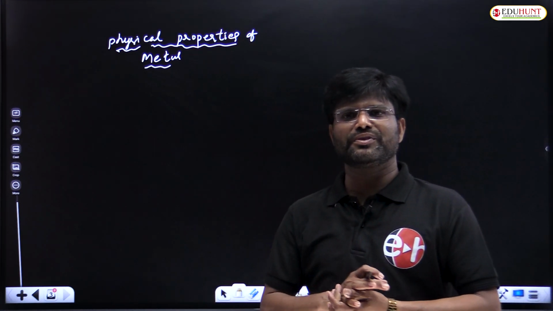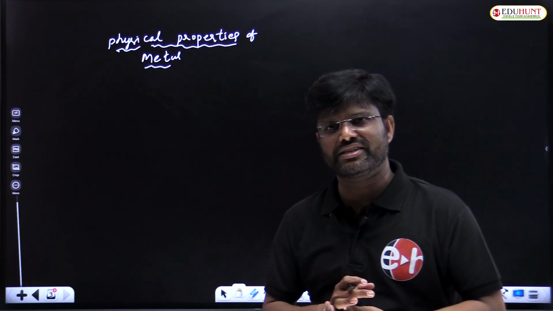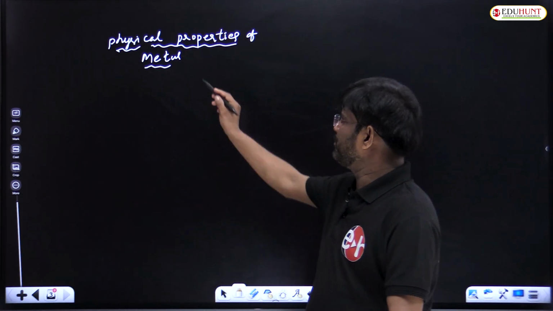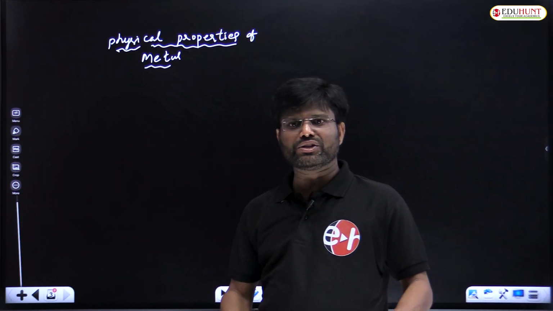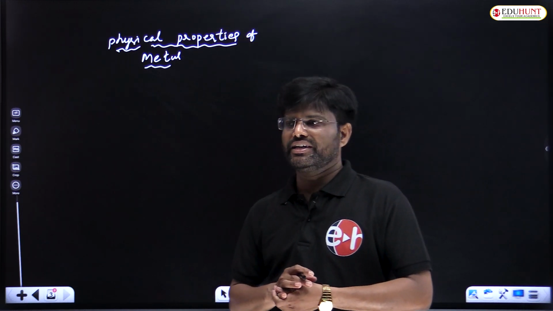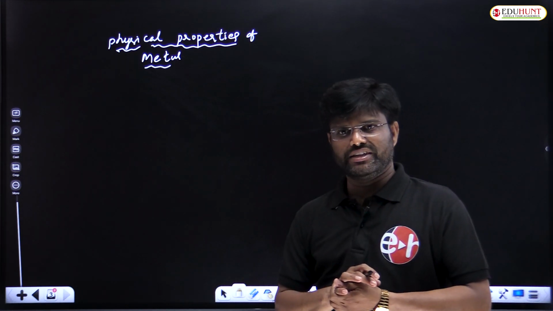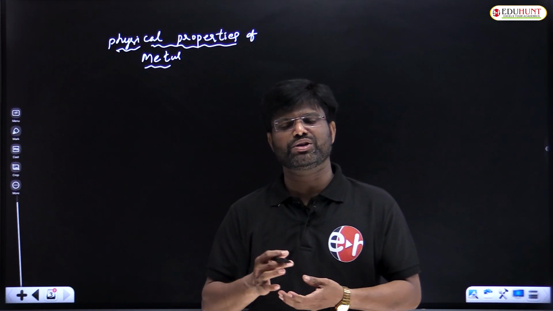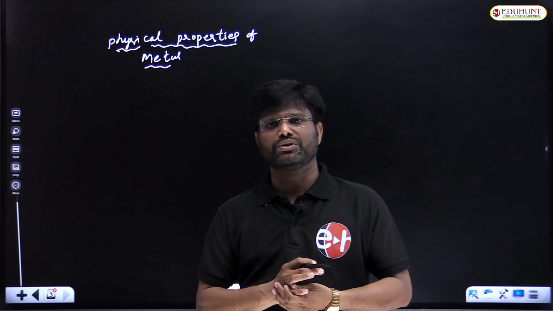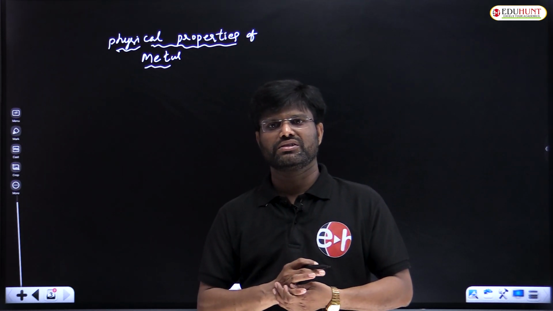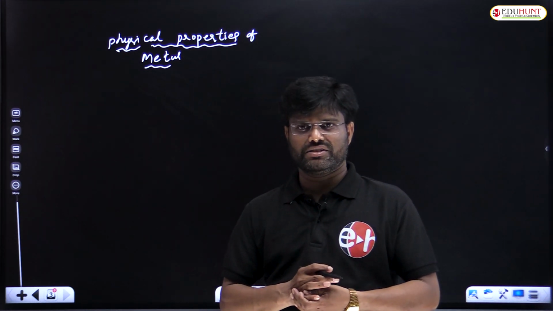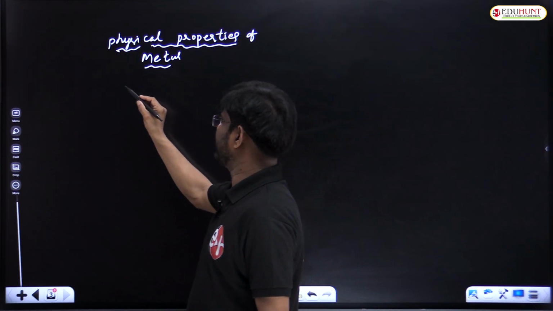If they exhibit all these physical properties, those elements are called metals. In the lower classes, we will discuss only the physical properties. In the higher classes, you will discuss the tendency of an element to lose electrons, which is called metallic nature.